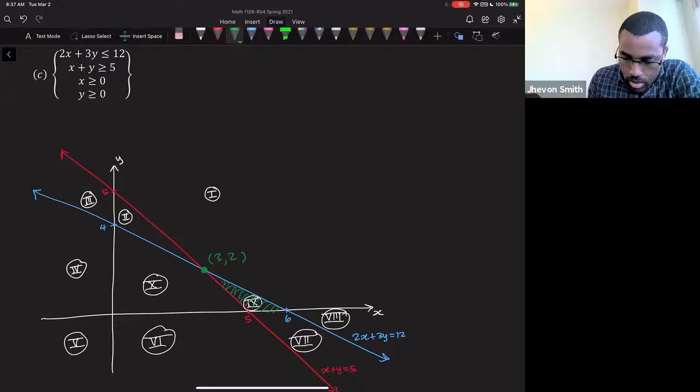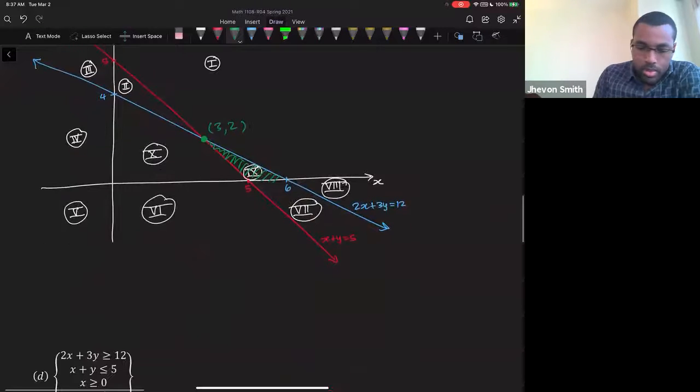Yeah, I think I'm wrong though. Sounds like it. So we want it below the blue line. We definitely want it below the blue line, but we want it above the red line. So below the blue and above the red. That looks fine. Clearly this is also bounded.